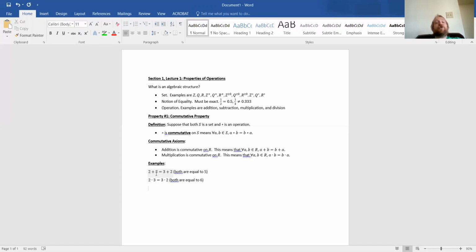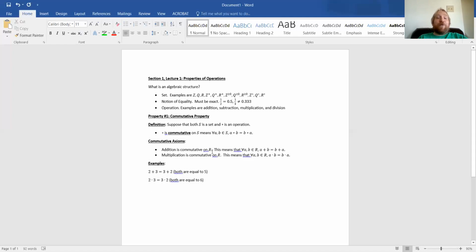Now, showing something is true in one instance does not imply that it is always true. So you cannot prove a statement with a for all quantifier simply by giving an example. Just because it's true for one pair doesn't mean it's true for every pair.